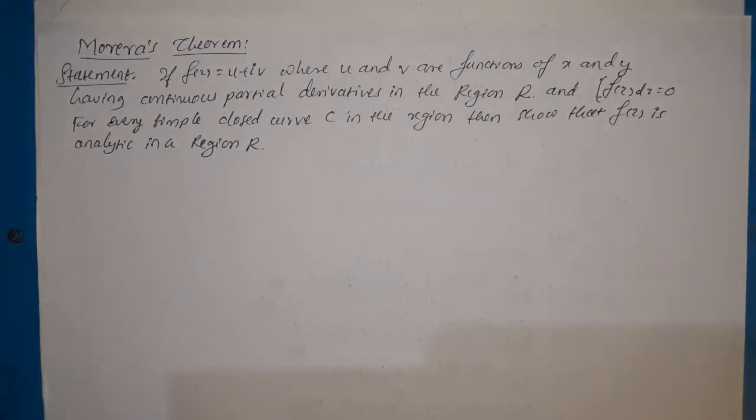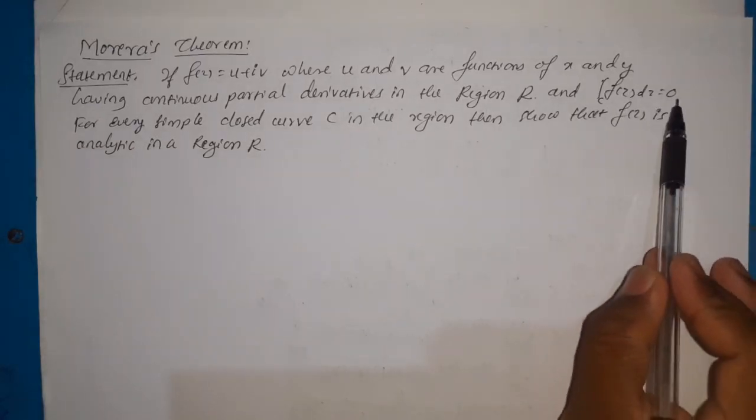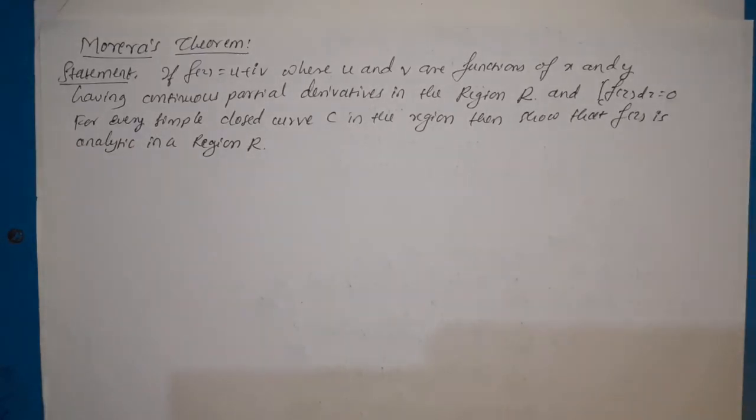So here f of z equal to u plus iv, that is the function of a complex variable where u and v are functions of x and y, and u and v have continuous partial derivatives, meaning dou u by dou x, dou u by dou y, dou v by dou x and dou v by dou y exist in the region capital R. And also it is given that integration over C f of z dz equal to 0, meaning the function satisfies Cauchy's theorem.